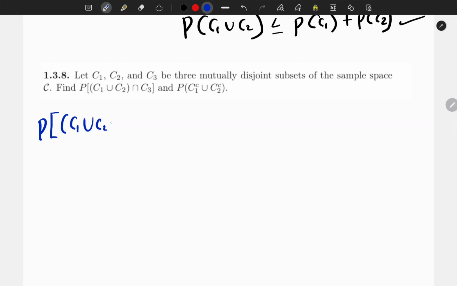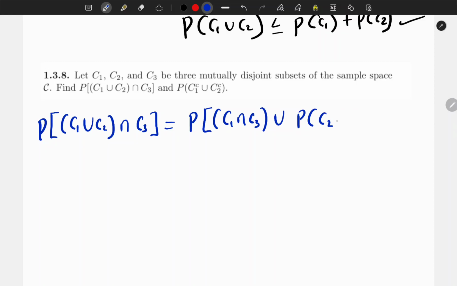C1 union C2 intersection C3. By the distributive law, we are going to have probability of C1 intersection C3 union C2 intersection C3.